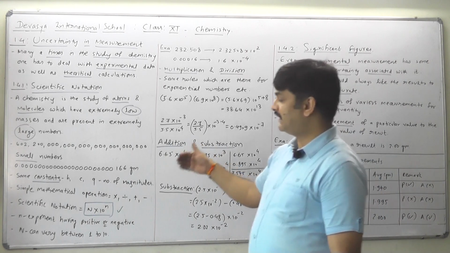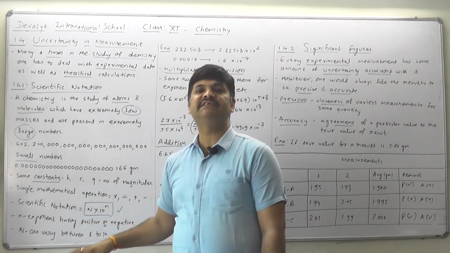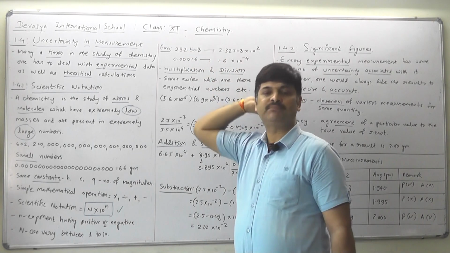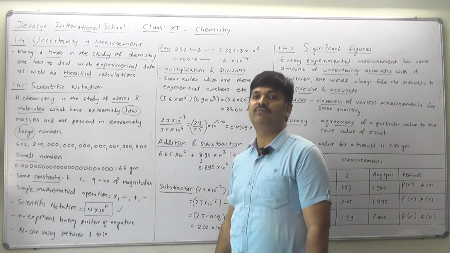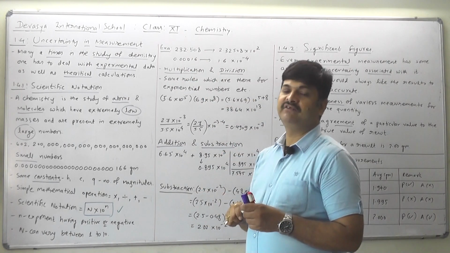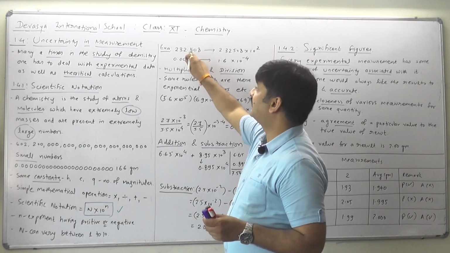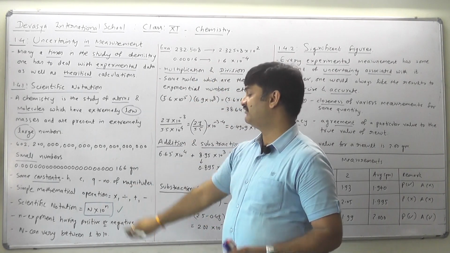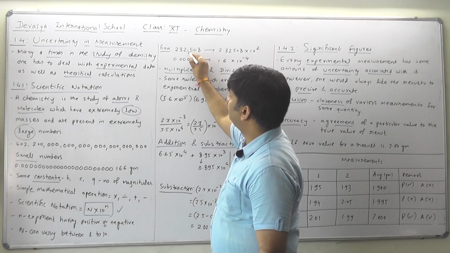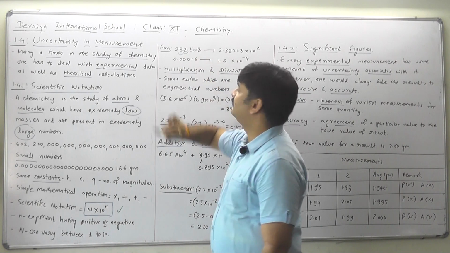Now we apply this to some numbers in the scientific way. Suppose while solving a numerical problem our answer is 232.508. We write this number in scientific form, N into 10 power n. The decimal will be placed after the 1, then after the 2.